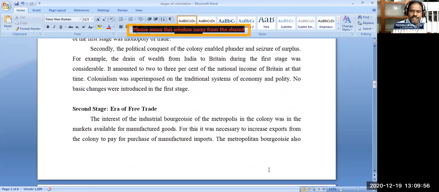Now in the second stage, the era of free trade, the interest of the industrial bourgeoisie of the metropolis in the colony was in the markets available for manufactured goods. For this, it was necessary to increase the exports from the colony to pay for the purchase of manufactured imports.